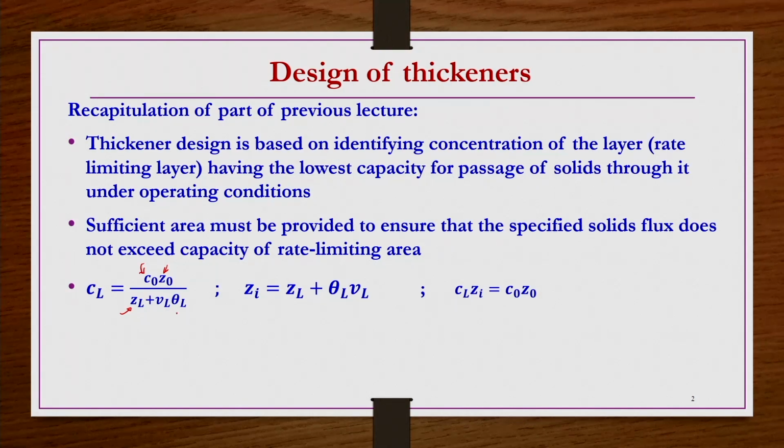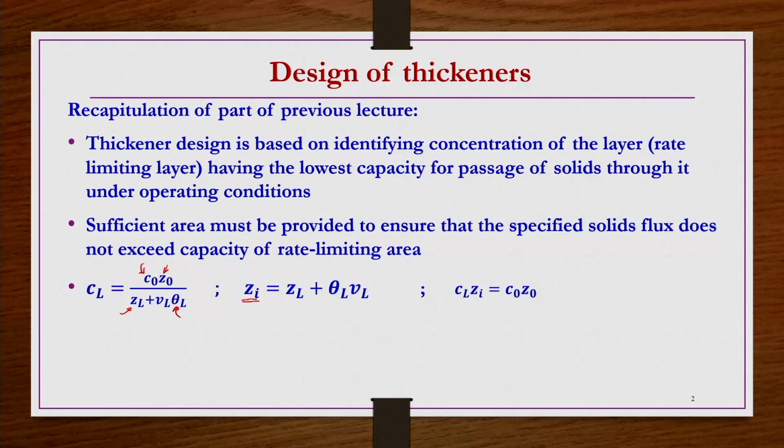Let us say at settling time theta L, or sedimentation time theta L, the concentration of solids in that particular layer is CL, and the corresponding interface height is ZL, right.